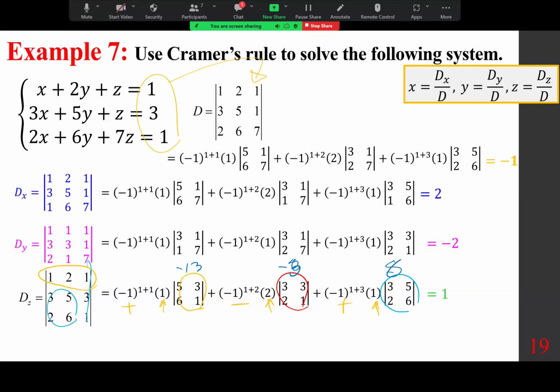So we have negative 13 minus minus 3 plus 8, they add up to 1.